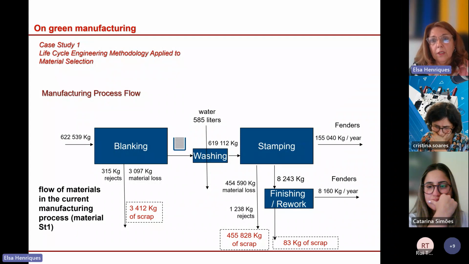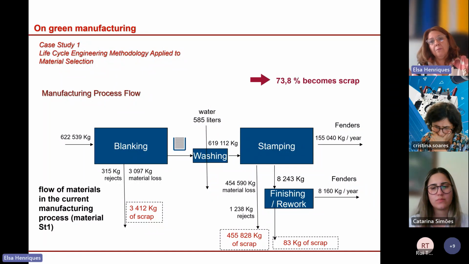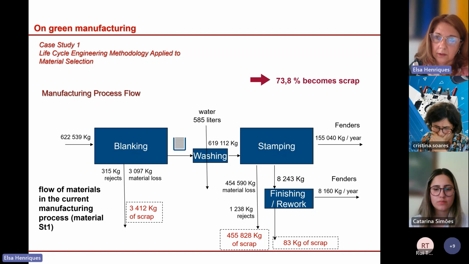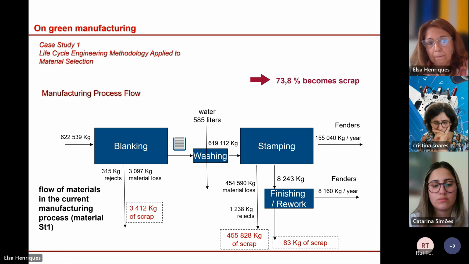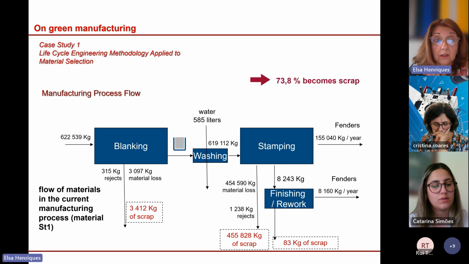Okay, and that was a first surprise when I performed those calculations, because almost 74% of the raw material input becomes scrap. Okay, and it becomes scrap at different parts of the process.